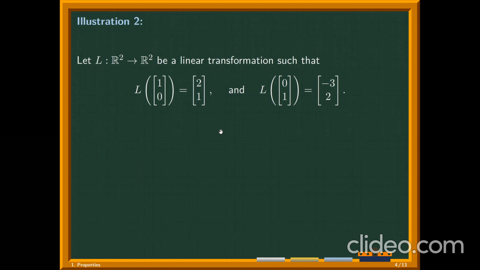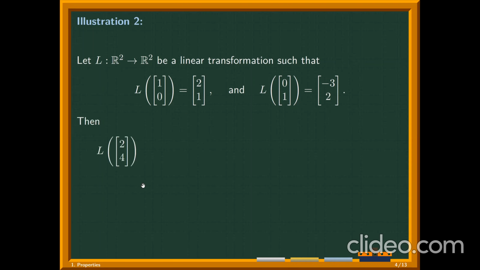So property 3 tells us that in order to obtain the image under L of an arbitrary vector in the domain, we can just express it as a linear combination of the basis vectors and then use these definitions for the images.